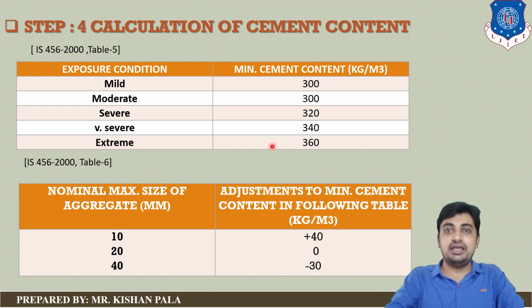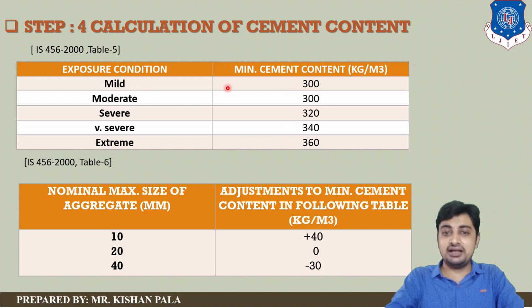This table is for 20 nominal maximum size of the aggregate. If we are concreting with the 10 nominal maximum size of the aggregate, we have to add 40 kilogram per meter cube to these values.